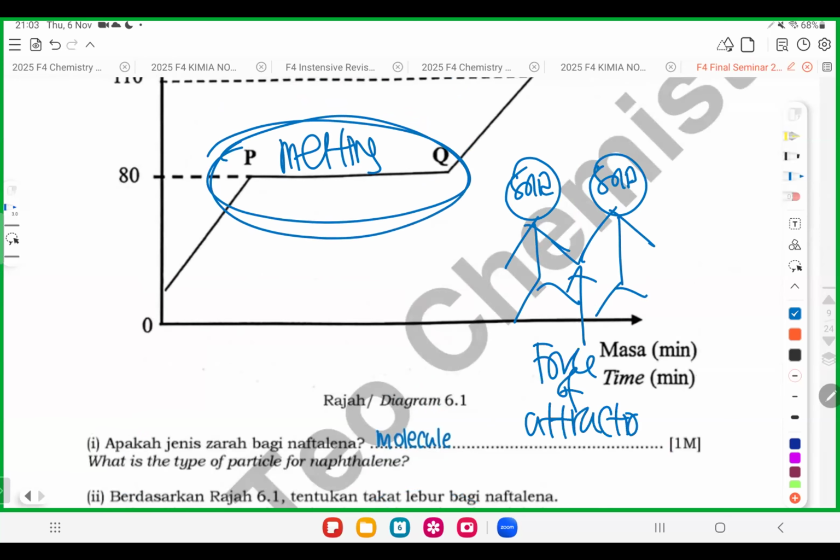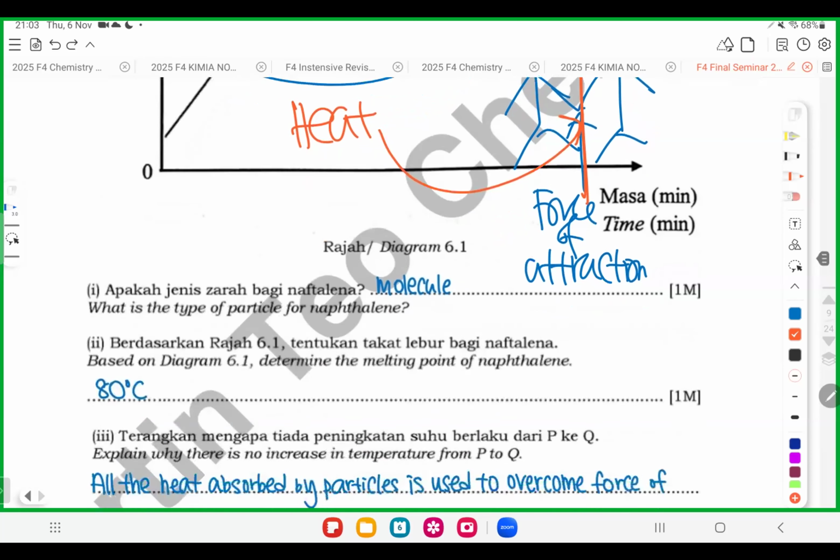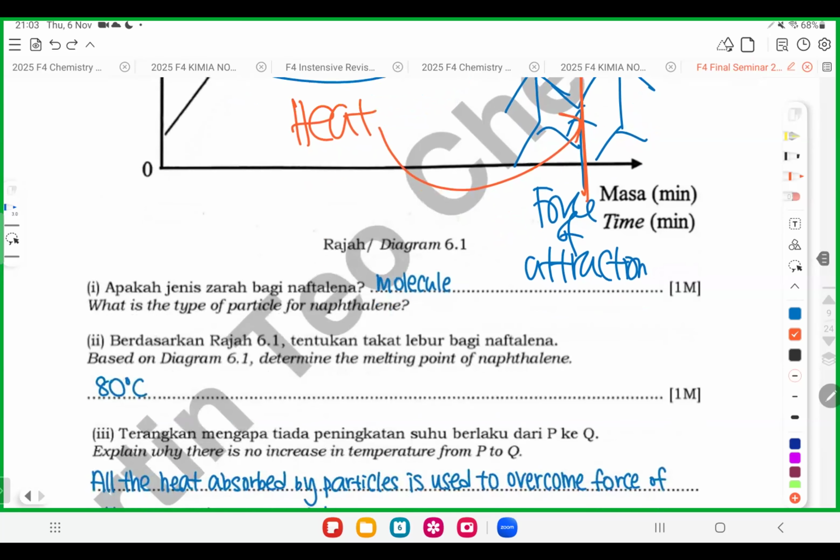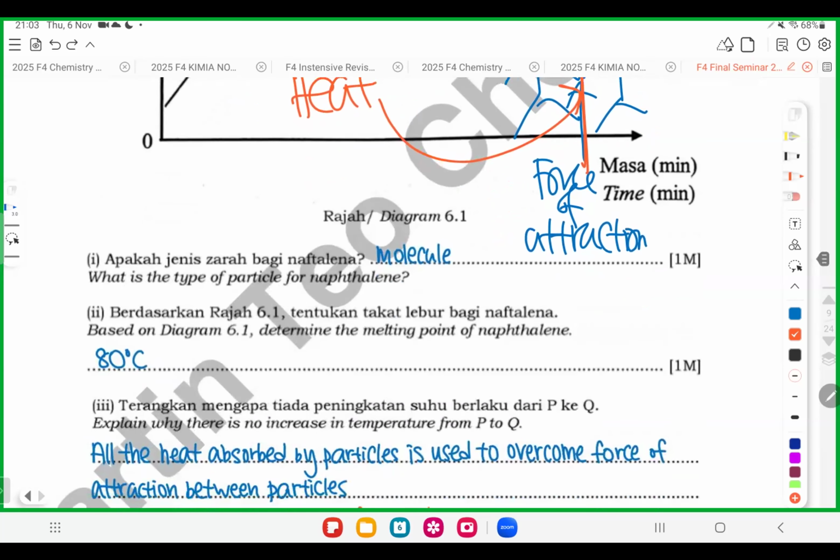So why does the temperature never change? When we do the melting, all the heat comes in to overcome the force. So does any heat go into the particle? No, none of the heat goes into the particle. So if you write that all the heat absorbed is used to overcome the force of attraction, you get 1 mark only.